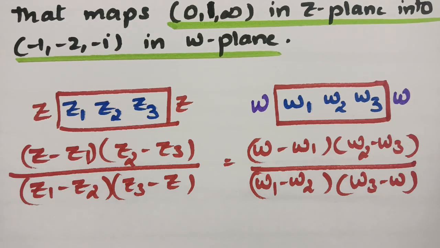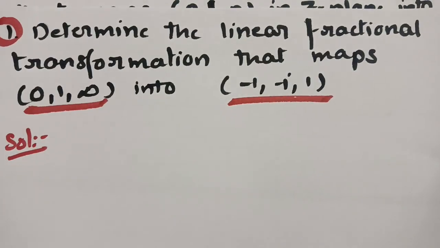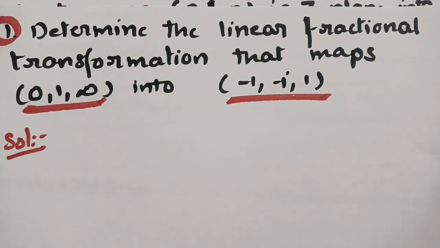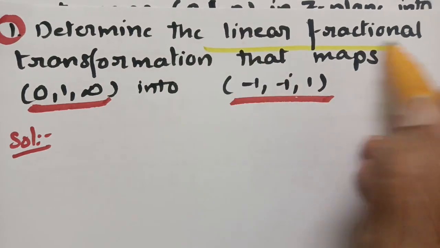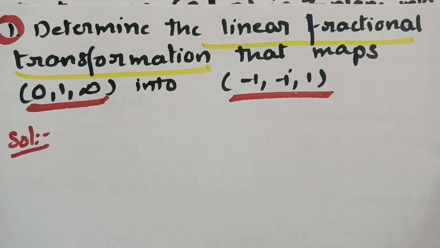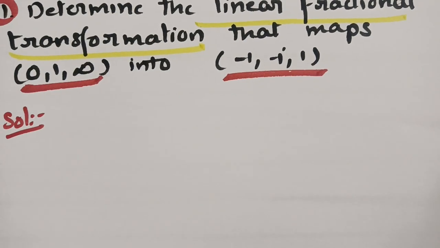The first problem asks to determine the linear fractional transformation. One more point: bilinear transformation is the same as linear fractional transformation. So if it is asked as a linear fractional transformation, we apply the same formula as for bilinear transformation. Don't panic.